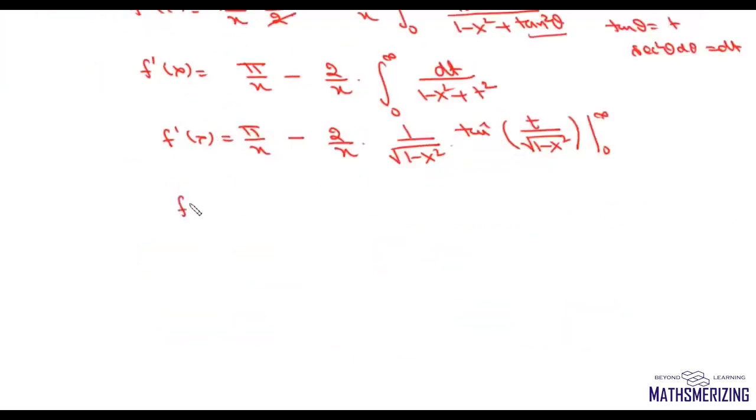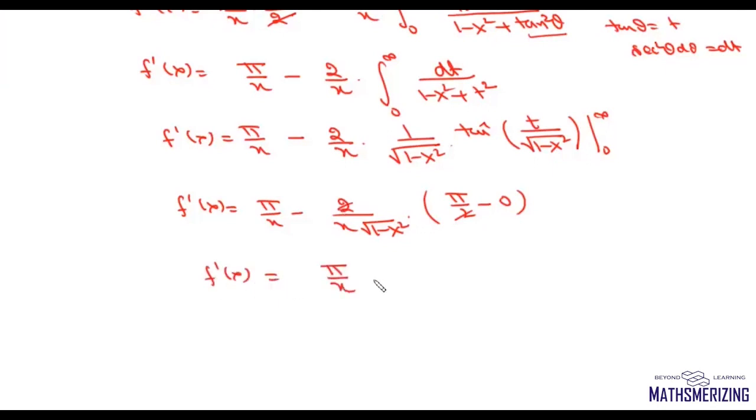So we can write this as f dash x equals pi by x minus 2 by x under root 1 minus x square, and here we will put t as infinite, tan inverse infinite is pi by 2, minus tan inverse 0 is 0. Now here 2 and 2 will cancel, so we can write f dash x as pi by x minus pi upon x under root 1 minus x square.